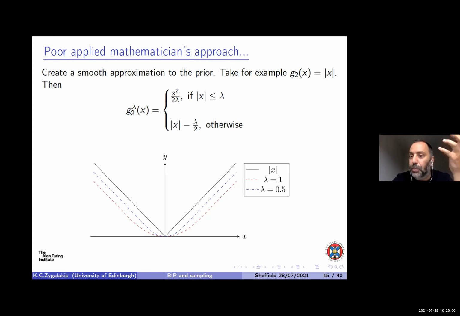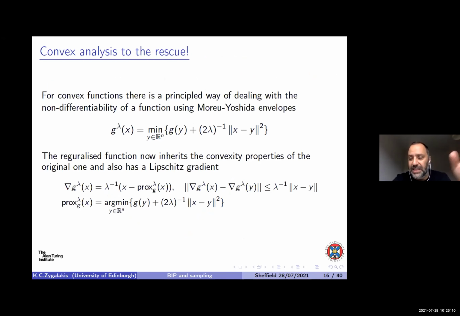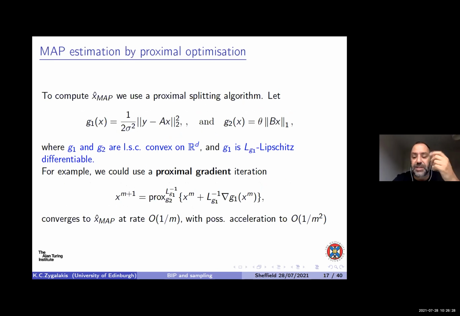So in some sense, the poor applied mathematician's approach kind of works, but convex analysis allows you to formalize it a bit more. Now we have something that is differentiable. G2 now becomes differentiable, so I can start designing algorithms because I have gradients, and this is what I have written down here. This is the celebrated proximal gradient iteration.